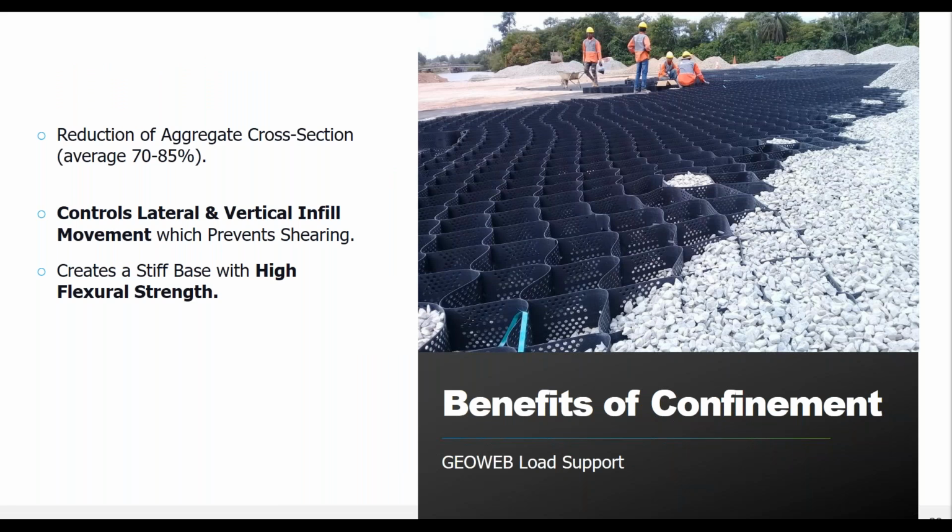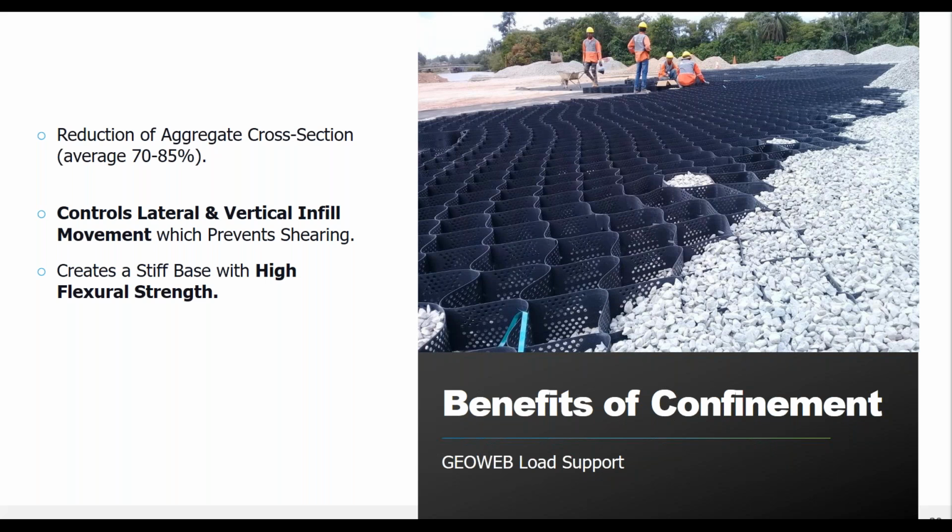So basically, the purpose of the GeoWeb cellular confinement system is really simple. It's going to be to stabilize the movement of unstable soils, both horizontally and vertically. And so the weaker your subgrade conditions, the more practical it is to insert the GeoWeb system into the design. It is an engineered system that's potentially going to have a couple different types of geosynthetics, but it's going to be the best method of confinement and subgrade stress reduction in the industry.